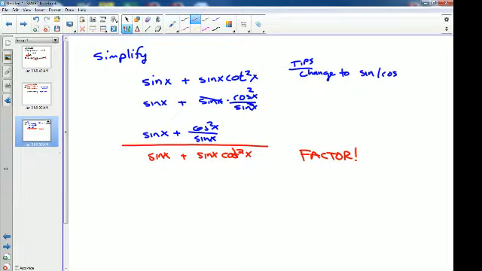I told you, watch me today. Okay, I can factor a sine x out, correct? Algebraically. So, what's left? 1 plus cotangent squared x, right?